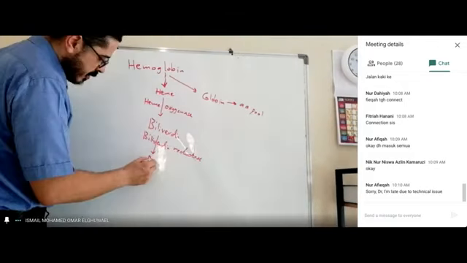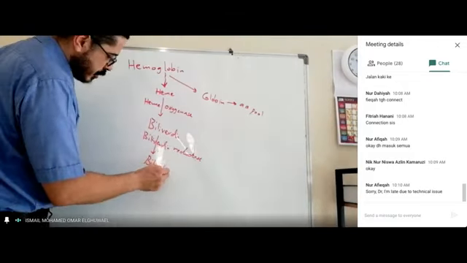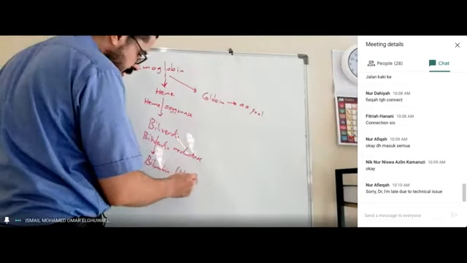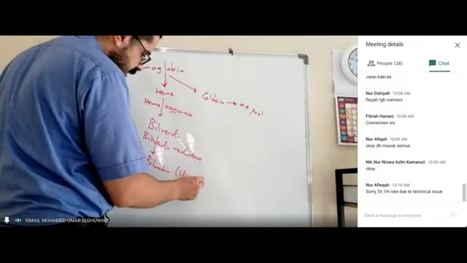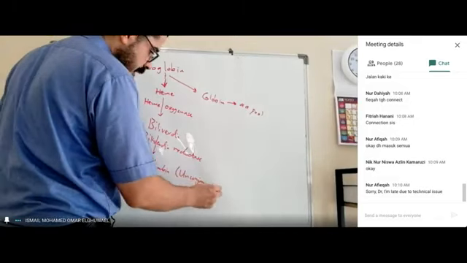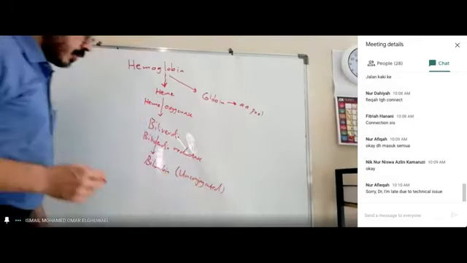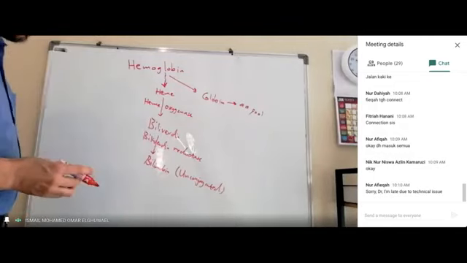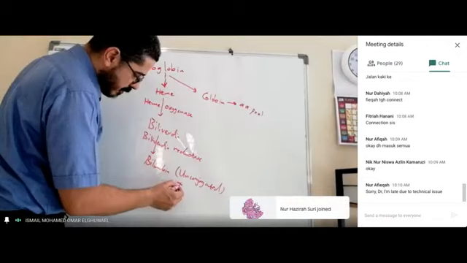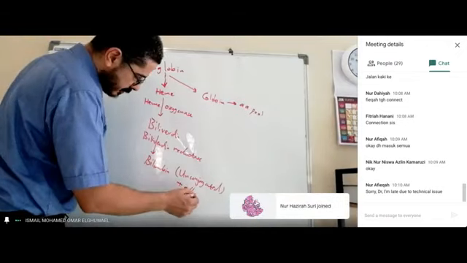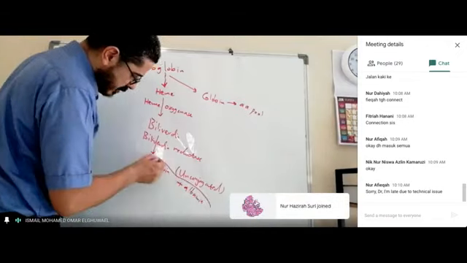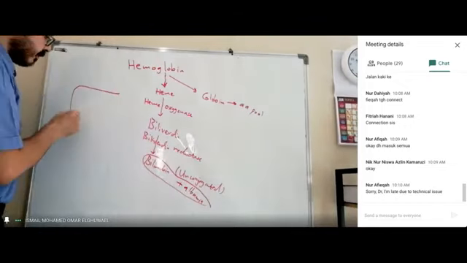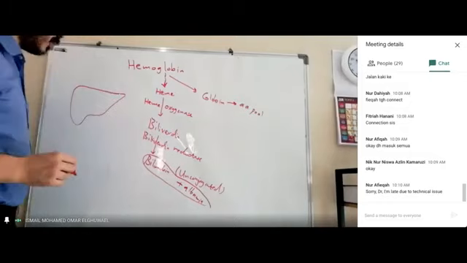This bilirubin is unconjugated, or indirect, so it is lipid soluble. It binds to albumin. Then by the blood circulation, it goes to the liver.